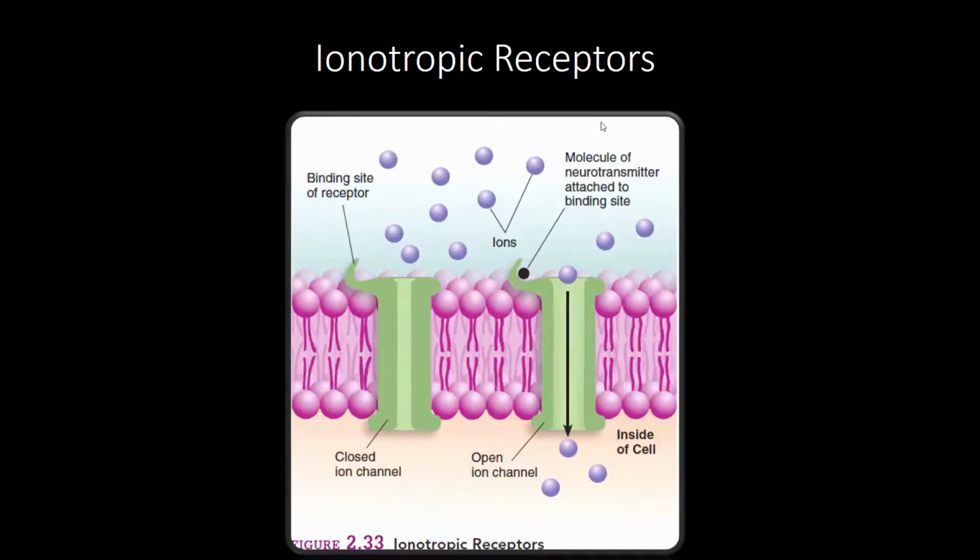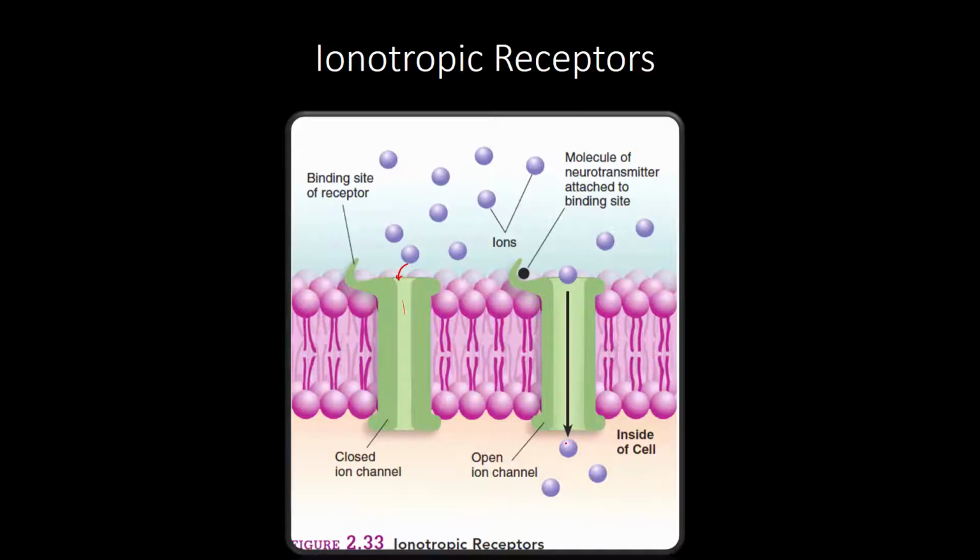Now, ionotropic receptors, again, the key being when neurotransmitter binds to it, it's going to open the channel up. Okay, so we're going to go from a small pore that these big fat ions can't fit through. Neurotransmitter is going to bind to it and it changes the shape. What it does is opens that central pore open, makes it bigger, so now my ions can flow through.